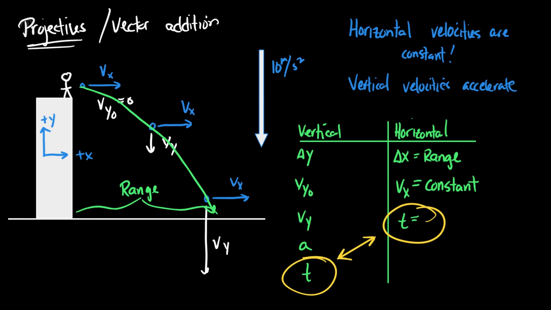So I want to talk about what this means in practice. Let's go back to our little simple question. Somebody standing 10 meters above the ground throws the ball 5 meters per second.